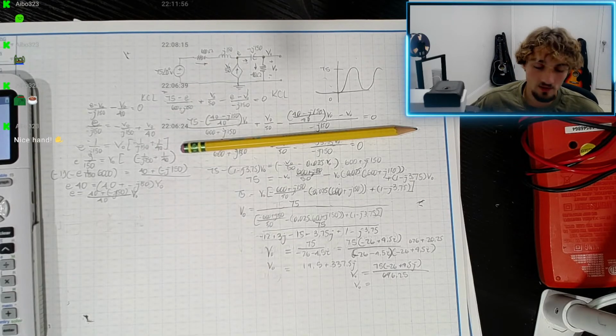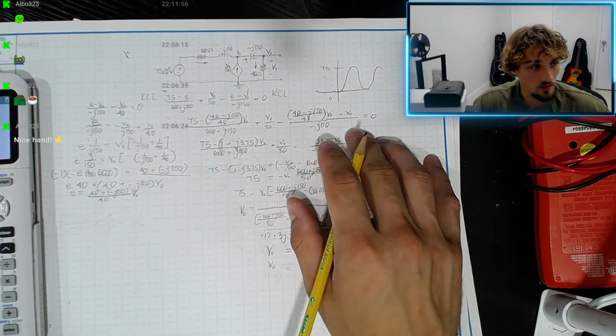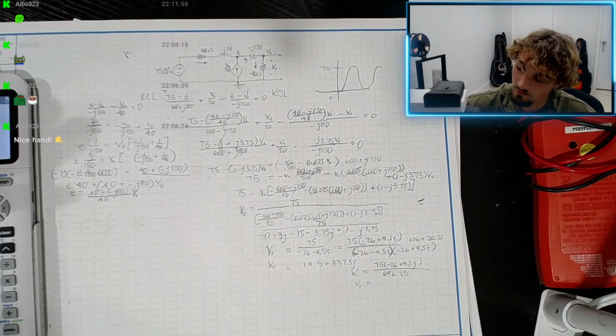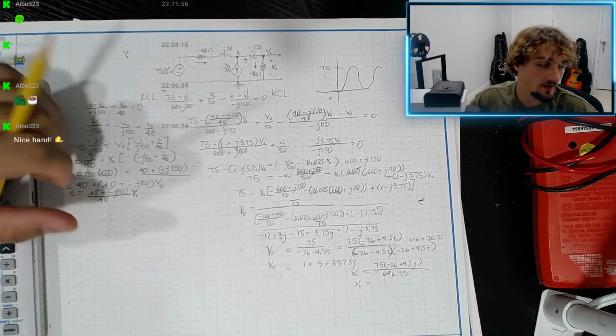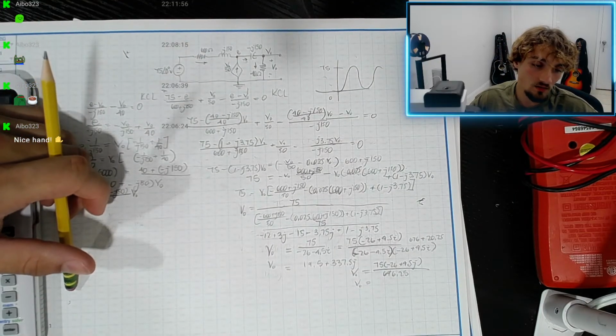Maybe I could try solving it another method, not nodal analysis. I guess let's do it before I resort to AI, right? Because who wants to use AI? Honestly, it might just be the death of us.